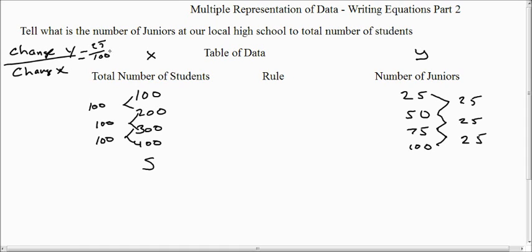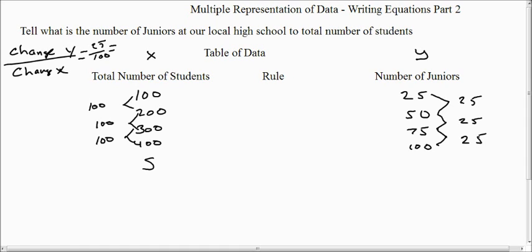Now, what we have not done is come up with a unit rate. So I know you're going to say, well, wait, Mr. Taylor. In order for us to get a unit rate, we are going to have to divide by 100.